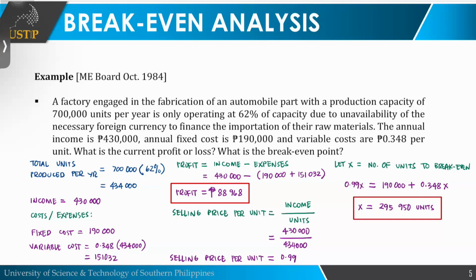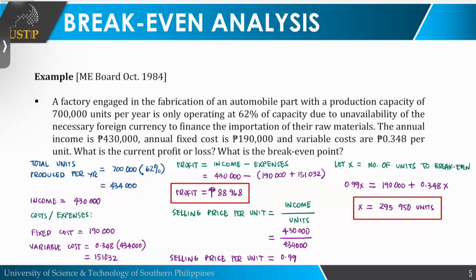At what point will it break even? So in this case, before you solve, you might think, because the profit is already positive, we must assume that the break-even point that we're going to get should be lesser than this number. Why?